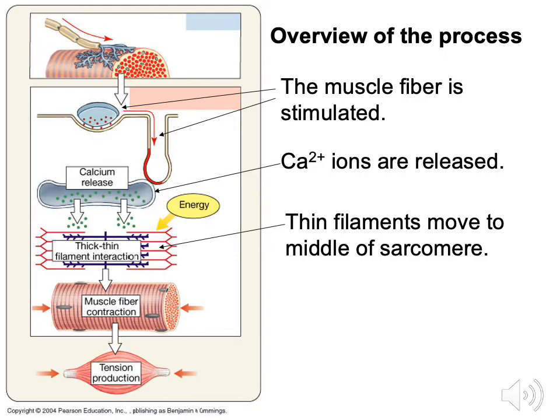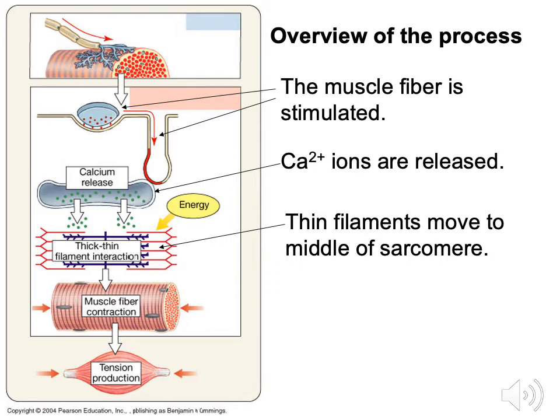So to build our step-by-step process, again, starting point, stimulation of the muscle fibre due to the arrival of an action potential. Next step is the release of calcium from the sarcoplasmic reticulum. Obviously, we've just outlined a few sub-steps within there involving the movement of troponin and tropomyosin.